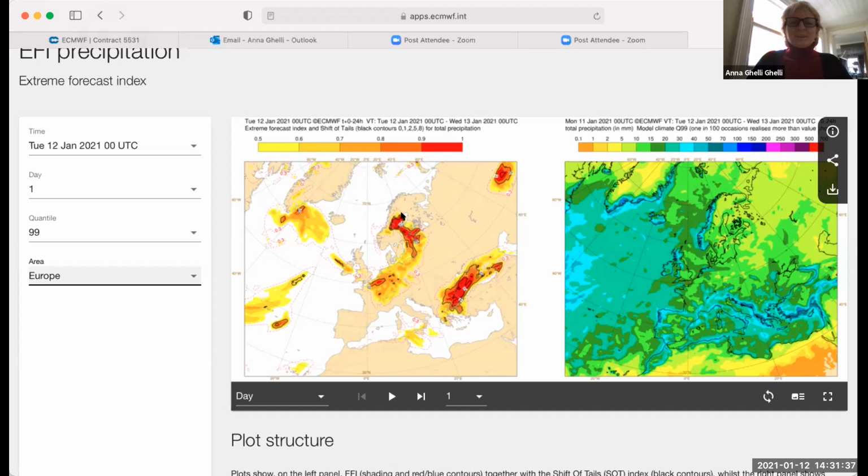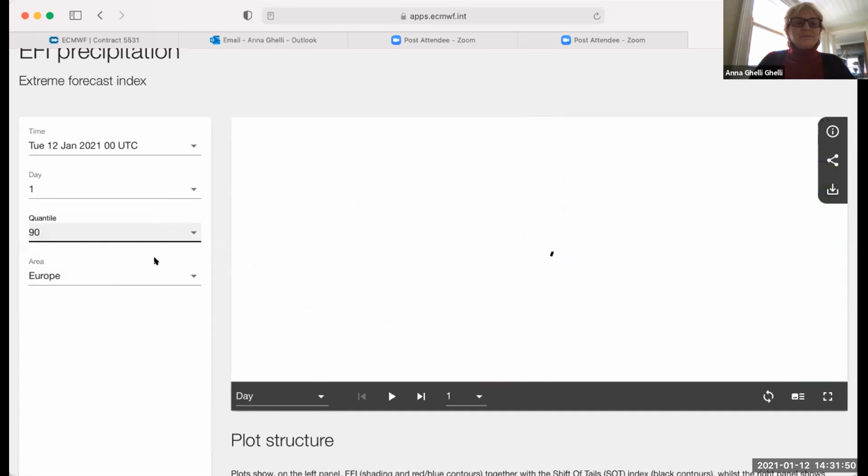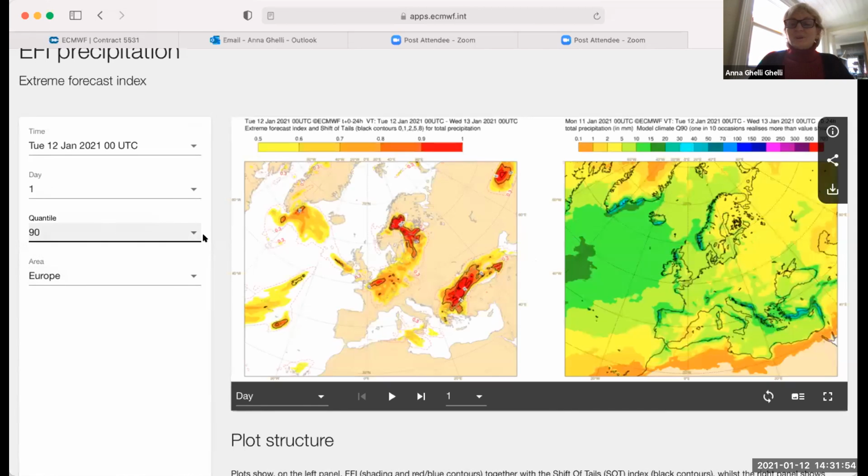Because we are expecting this to be a severe event, we are looking at the climate distribution. Let's be a bit less ambitious, and look at the 90th percentile, the 90th quantile. So this is this area here.